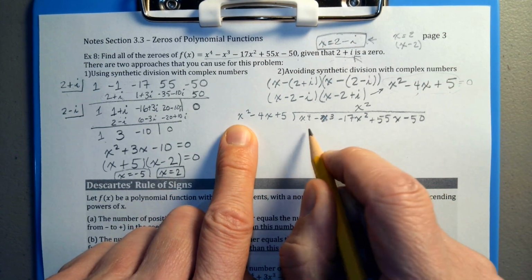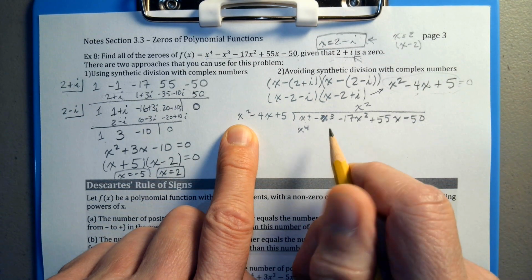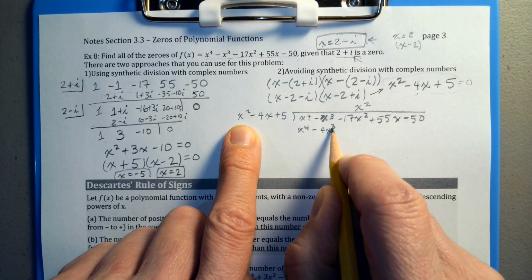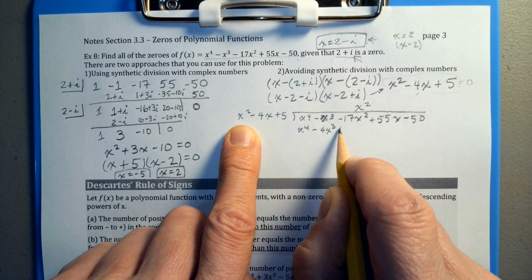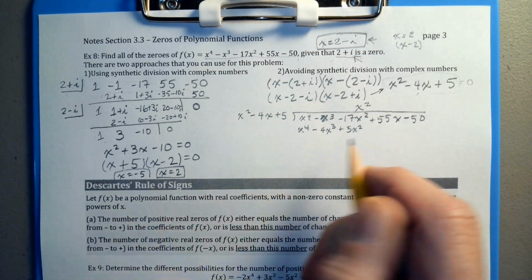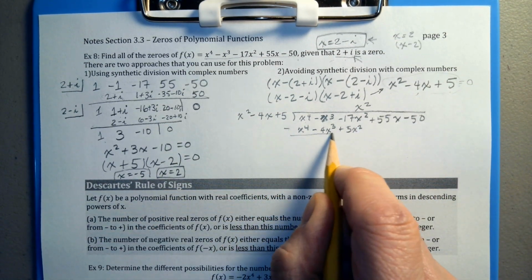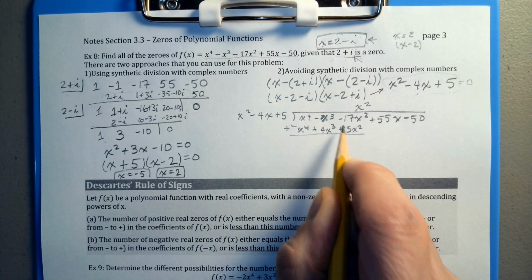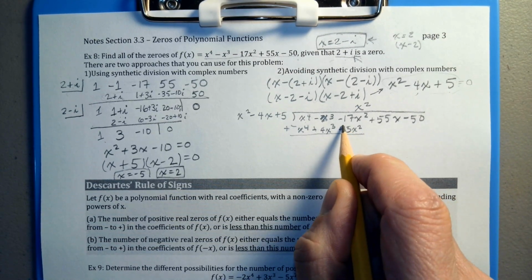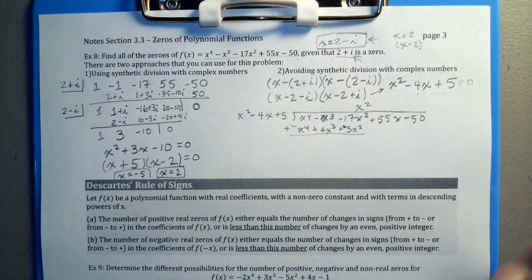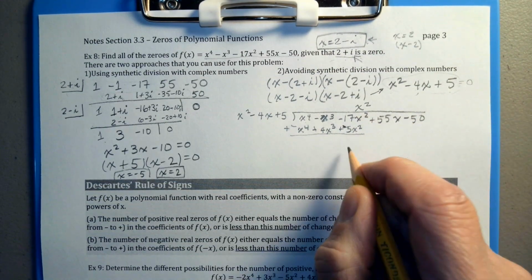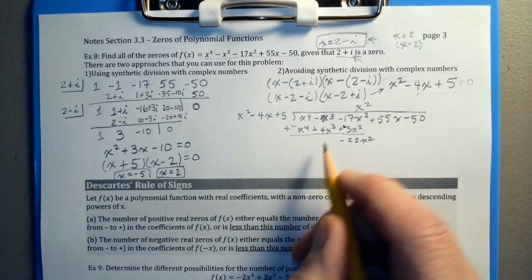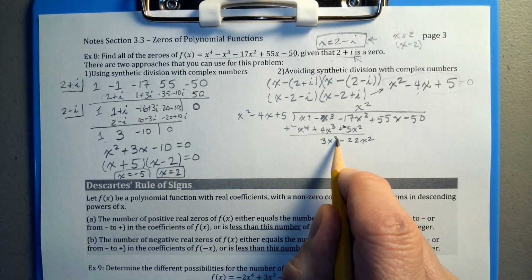Let's start over here. That is going to be x to the fourth. And then we're going to have a minus 4x cubed. And then we'll have a plus 5x squared. Now I subtract, but rather than subtract, I always add the opposites. And so let's change the signs of all those. So that is a negative 5x squared there. All right, and so let's add these up. So this will be negative 22x squared, and this will be 3x cubed.